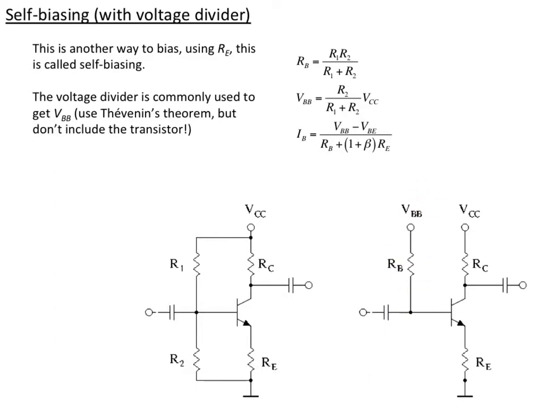In that case, we can find the current flowing by considering a KVL loop that goes from VBB down through the resistor, through the transistor, and finally to ground through RE, and then of course back around to VBB. So we start at VBB, and you'll see we have a base current coming through RB, and that gives rise to this factor of RB in the denominator. You see that if we multiply through, we'll have an RB times IB term.